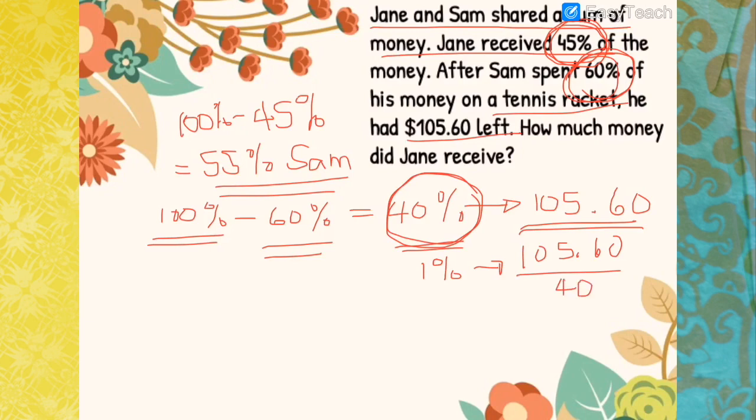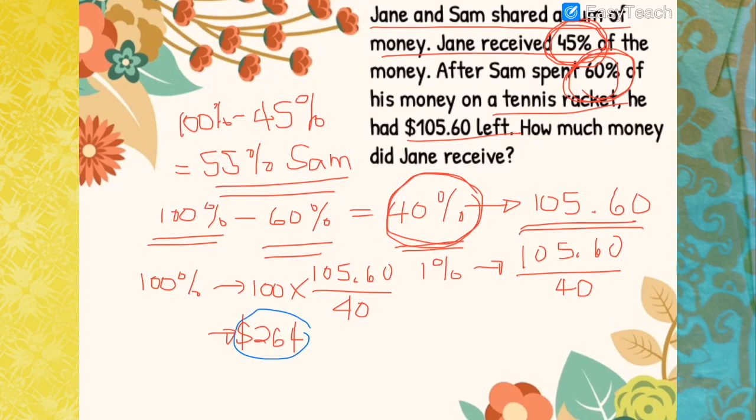Therefore, 100% would be 100 times 105.6 over 40. This would be $264. Therefore, 264 is what Sam actually received.